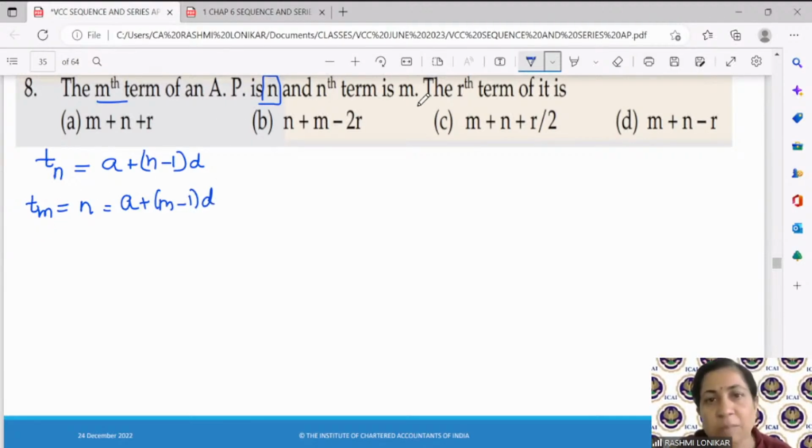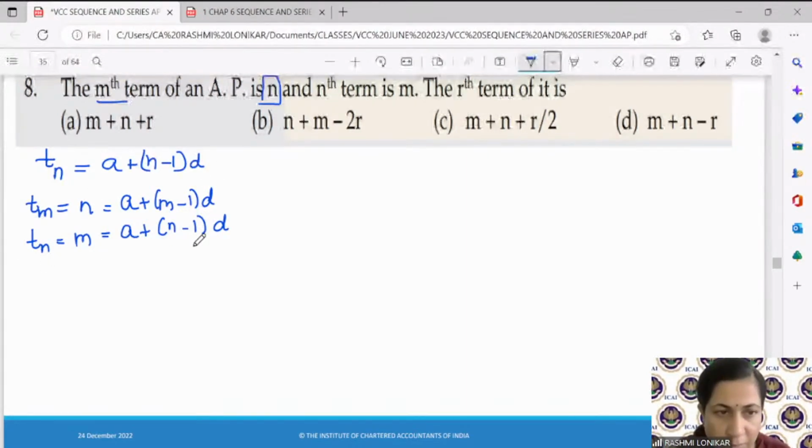And the nth term is m. So the nth term Tn, which they have already given to me as m, is equal to a plus n minus 1 into d. The mth term is n and the nth term is m.